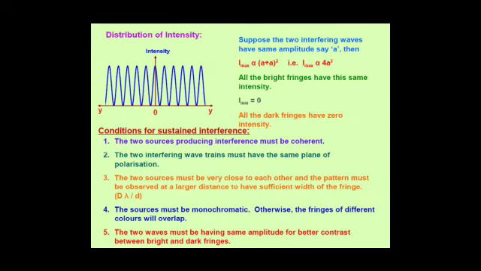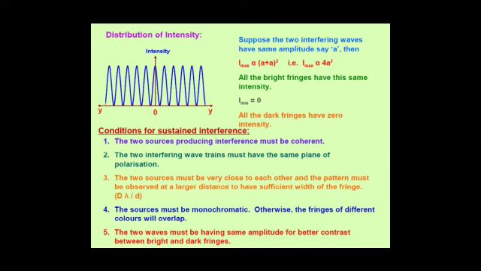Now the result obtained for the bright and the dark fringes can be plotted in the form of a graph, which is shown as an intensity graph. The intensity is shown on the y-axis, and on the x-axis we can show either path difference or phase difference. You see at the central point O, maxima is formed, and after the maxima, minima is formed, then maxima, then minima, then maxima, and the same pattern is obtained on both sides of the central point O. It is shown in the diagram.